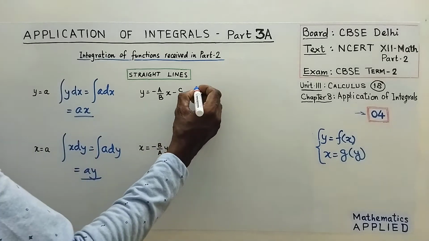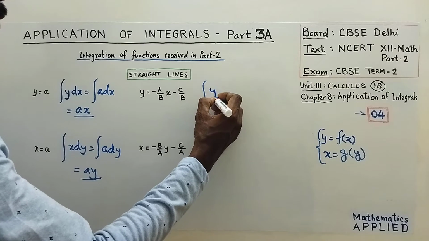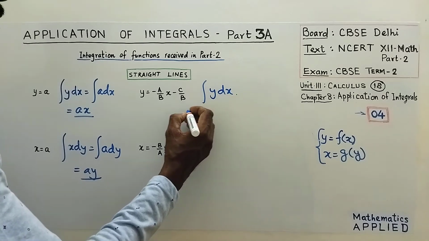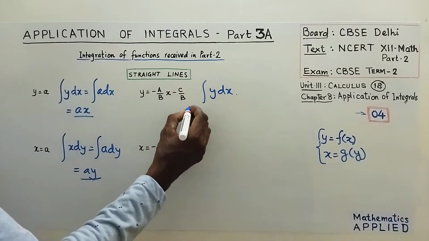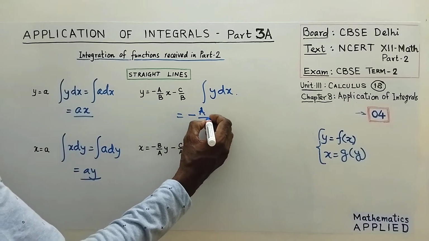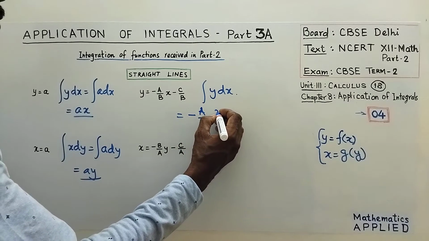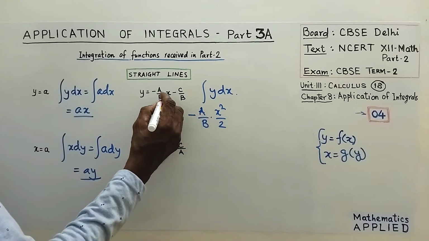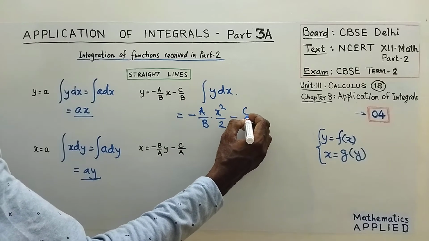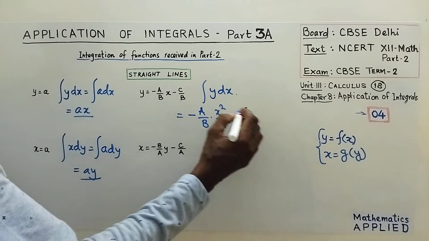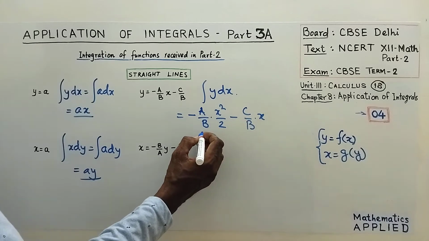Similarly, here also, integral of y dx. What am I going to get? You will integrate this: minus a by b into x square by 2, and minus c by b, and you will get x here.